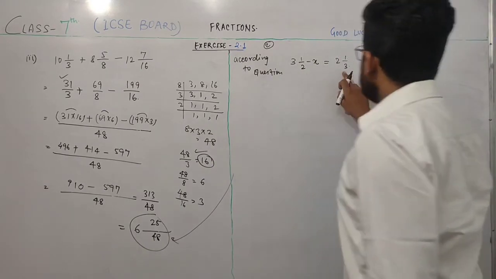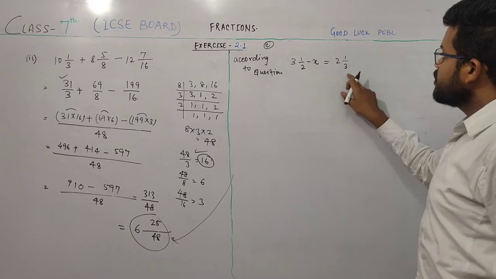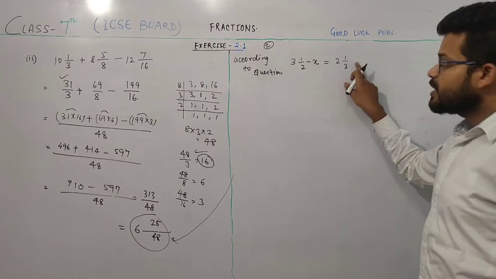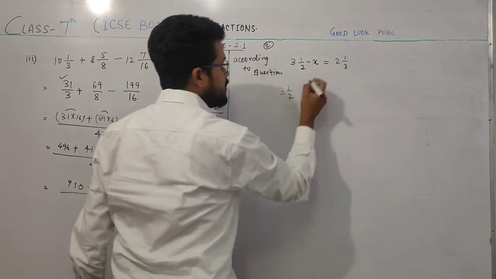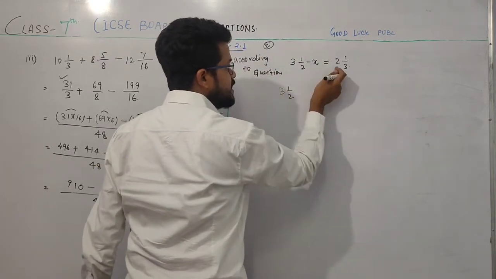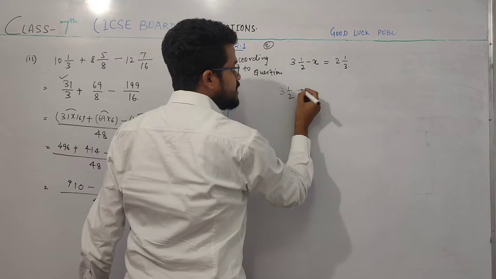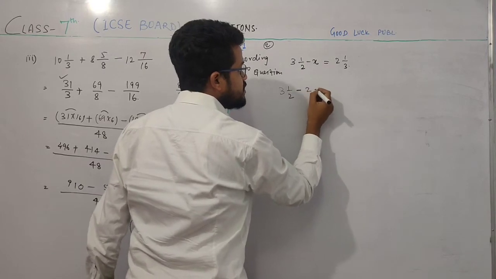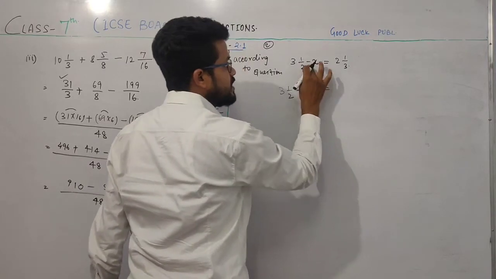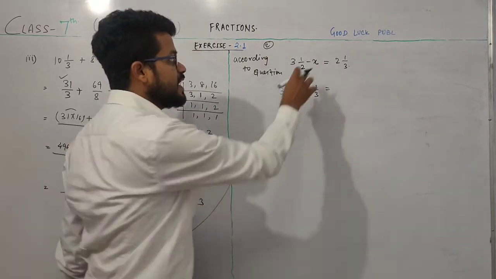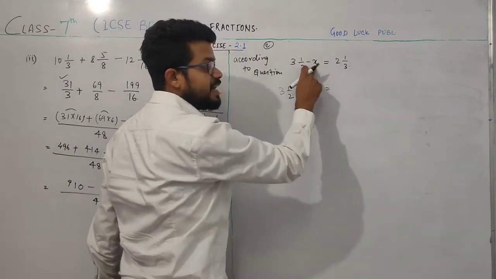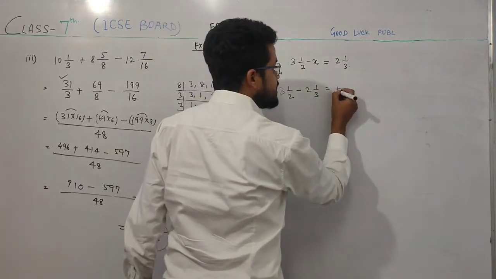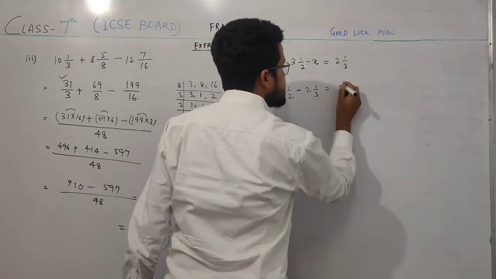If I take this 2 1/3 from the right-hand side to the left-hand side, it turns to minus 2 1/3, and this minus x goes to the right-hand side, so it is converted into plus x. So this is x.